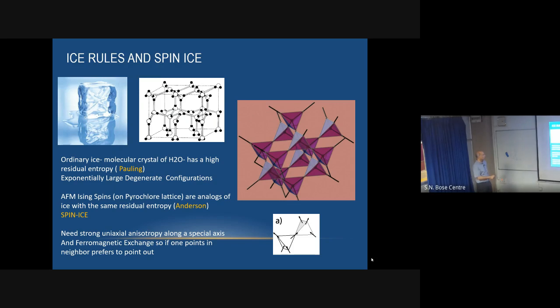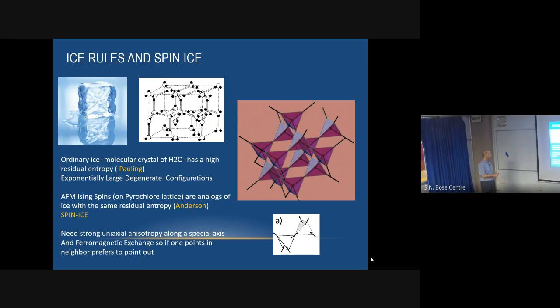So what Linus Pauling observed is that this kind of a system has a finite entropy associated with the positions of the protons, because each proton can possibly be either near this oxygen or near this oxygen. So there are a large number of possibilities, but of those, only those that are allowed are those where you have exactly two near each oxygen and two further away.